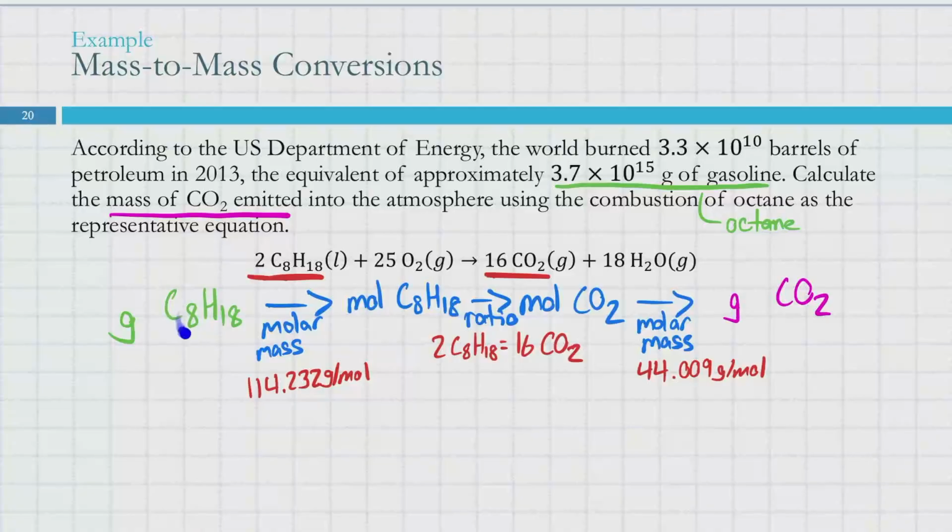We take the number of each element that we have, we multiply it by its molar mass. For carbon, that's 12.011, so 8 times 12.011. For the hydrogen, 18 times 1.008. We'd add those two terms together, and you should get 114.232.